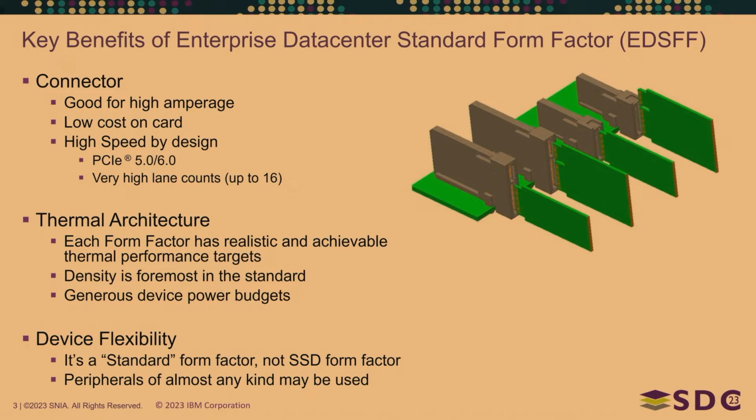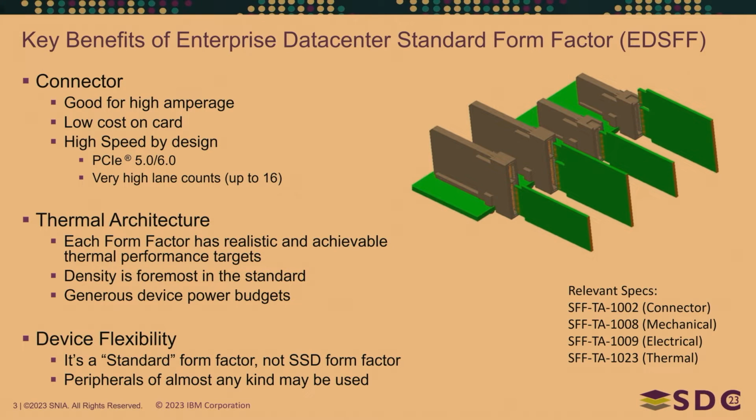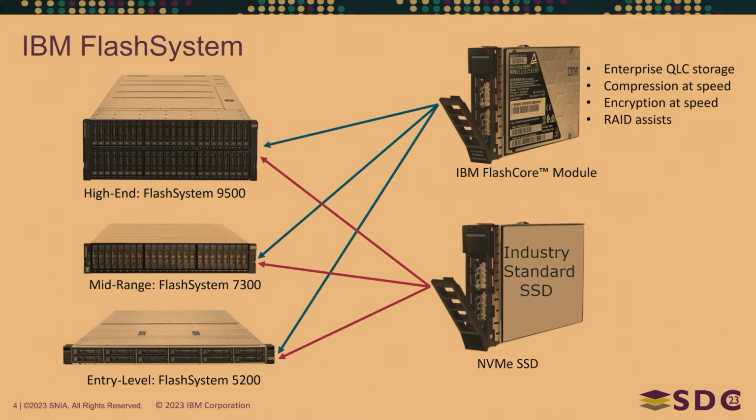That means you have lots of flexibility with plugging in all kinds of other peripherals, like CXL devices, accelerators, maybe network devices, maybe storage class memory. So it's a very versatile slot. And if you're interested in the relevant specs, at least for E3 specifically, there's SFF-TA-1002, 1008, 1009, and 1023 that you can refer to.